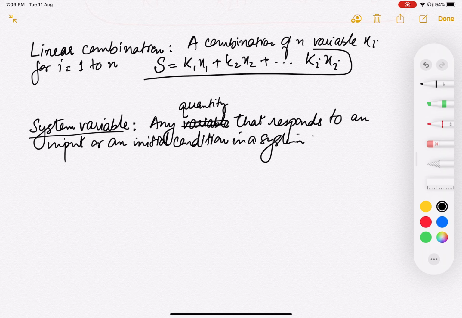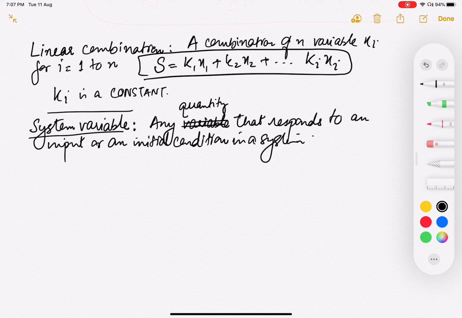So you just multiply each of the variables with constants. So ki is a constant. So you take these n variables and you multiply each of them with constants. Then you say that S is a linear combination of the variables xi.